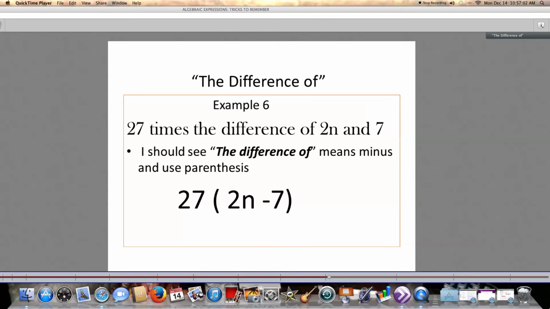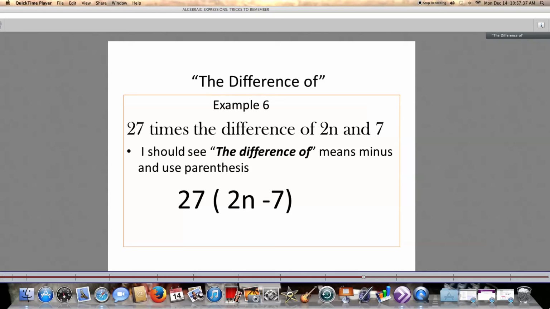The difference of. If I say 27 times the difference of 2n and 7, I'm kind of going over two things right here. I see that the difference of means minus, and it doesn't mean you're going to switch the order because it doesn't have than or from. But I also know that the difference of means whatever's coming up next is in parentheses. So you look at the sentence, 27 times the difference of.